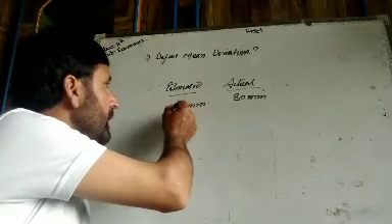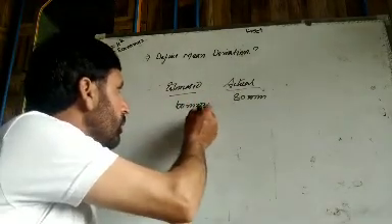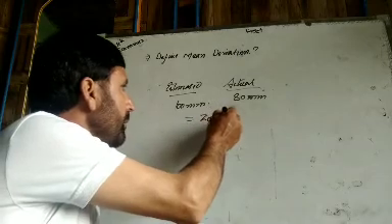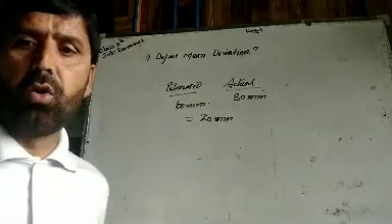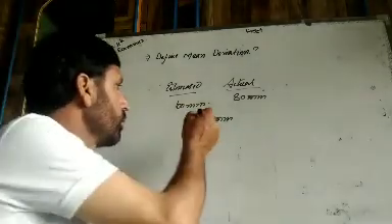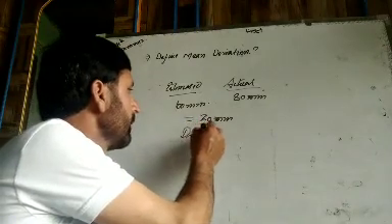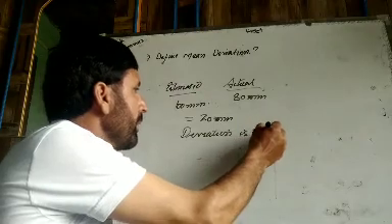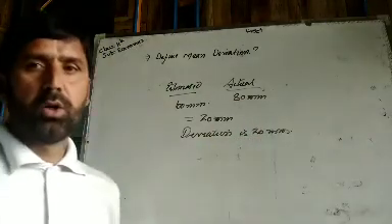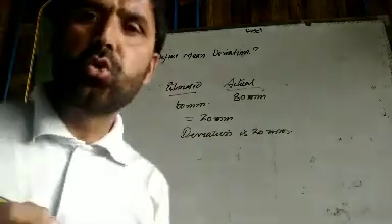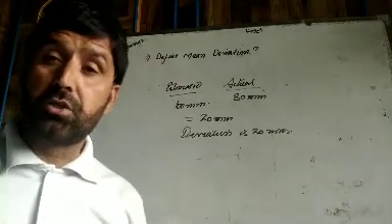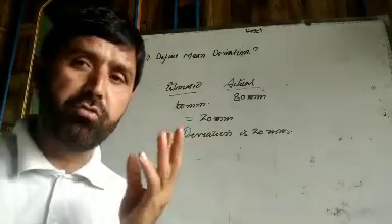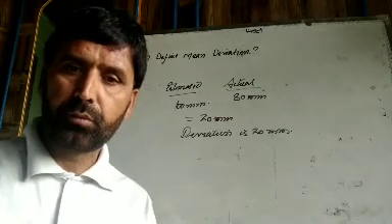The deviation is 100 minus 80, that is equal to 20 millimeter. So the deviation is 20 millimeter. So dear students, you become familiar with this word, what is the meaning of deviation.